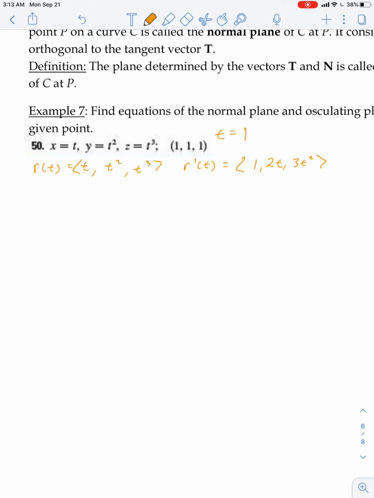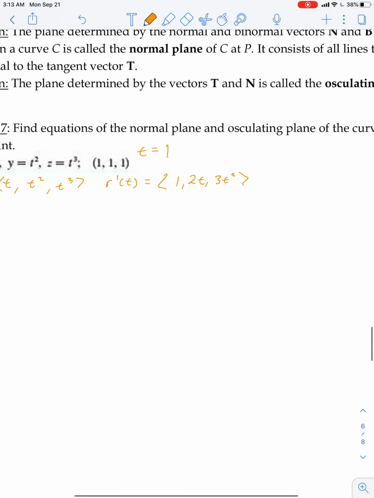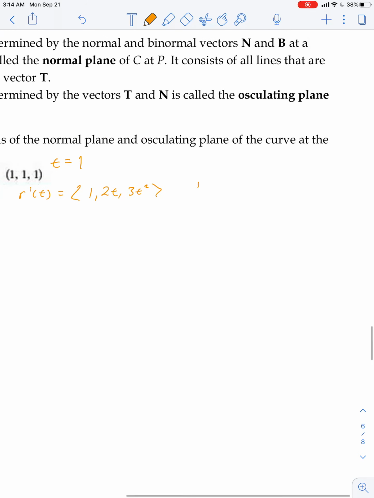Now, that is a tangent vector. It's not the unit tangent vector, but it is a tangent vector. And because it's a tangent vector, I'm able to plug in for t. So I can say r prime of 1, plug that into my vector function, and I get 1, 2, and 3. So at my point 1, 1, 1, I have a tangent vector 1, 2, 3.